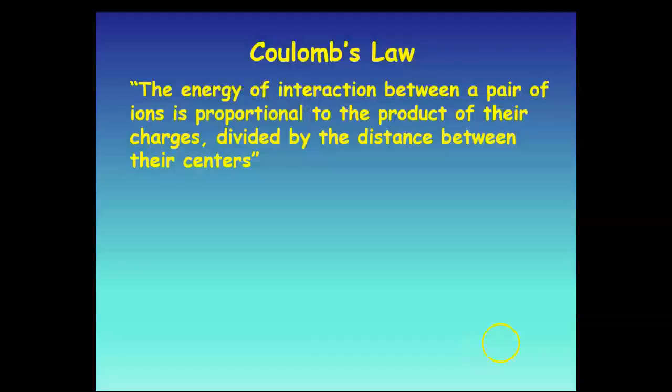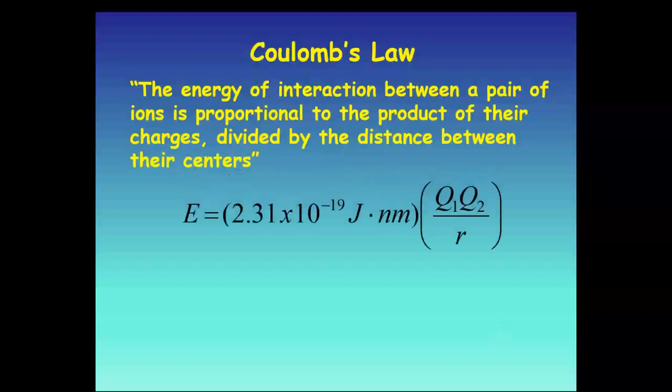Now, Coulomb's law tells us the relationship between energy of interaction and the charges and distance between the charges. And that's the formula. You don't have to memorize that or use it for that matter.